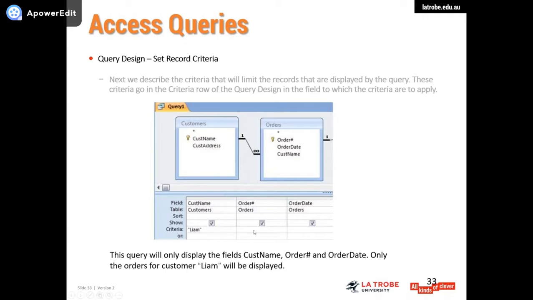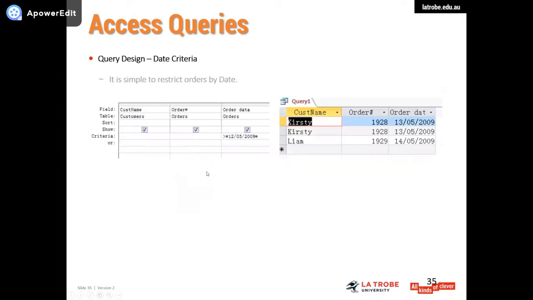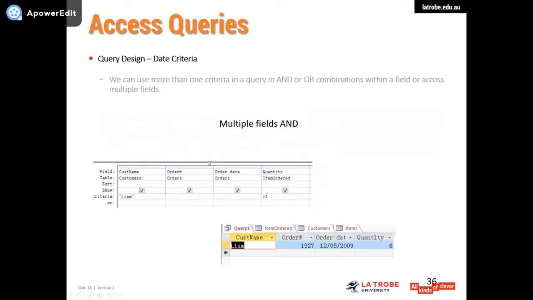For example, if you want to specify the dates and order, how can you achieve that by using Access? That's very important. Same as well, how to use AND and OR in the database, and how to do the sorting in the database is also very important.